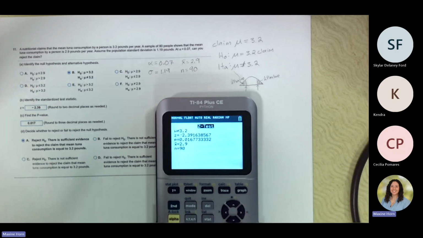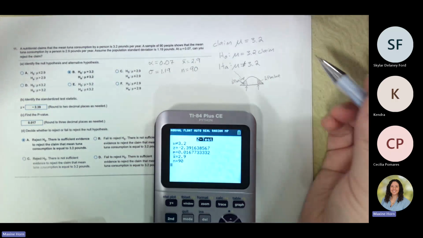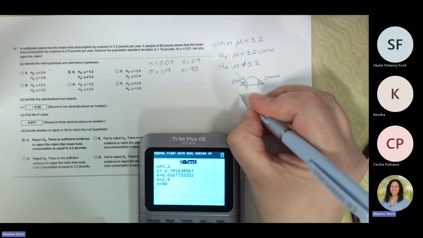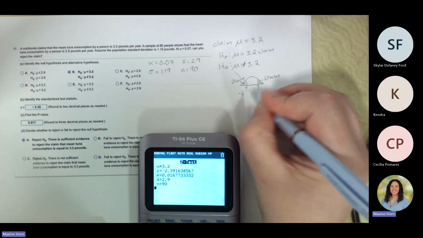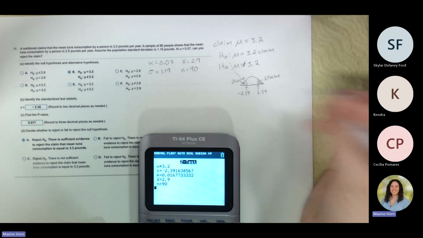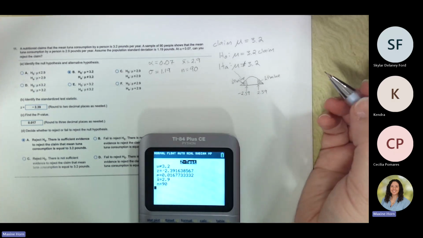And calculate. Okay, so it's giving us this one over here, because it's always thinking of area to the left. So it gave us this negative 2.39. There's also a 2.39 over here, but the calculator gives us the negative 2.39.